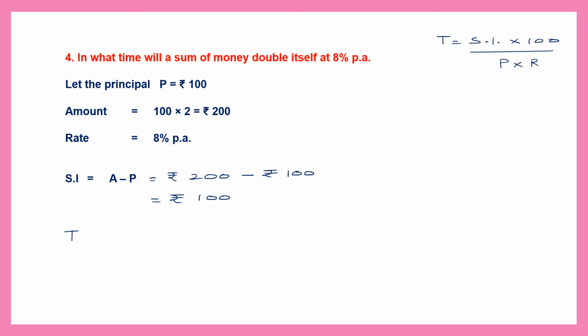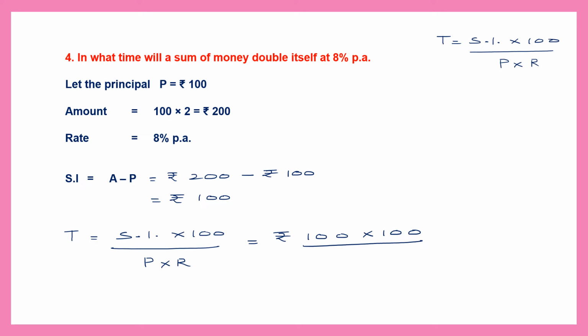So let's find time by using the formula simple interest into 100 divided by principal into rate. So let's substitute for all these. Simple interest we said is 100 rupees. We found it out to be 100 into 100 divided by principal. We said consider it to be 100 into rate of interest is 8% per annum.